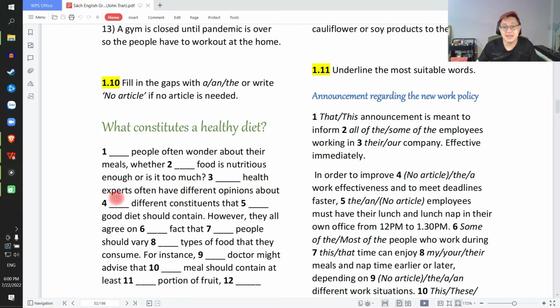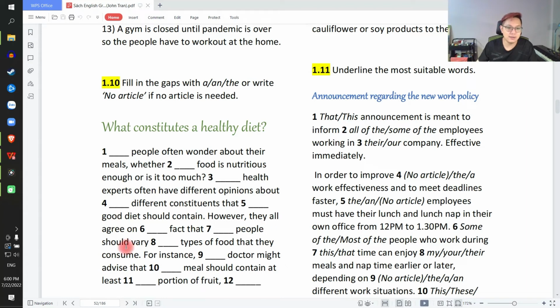Health experts often have different opinions about the different constituents that a good diet should contain.